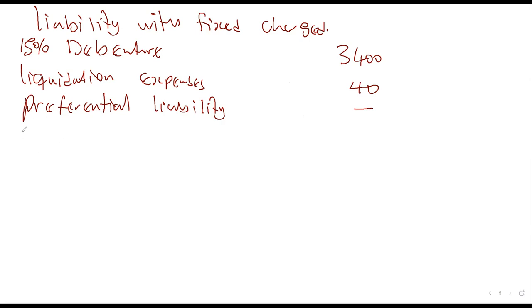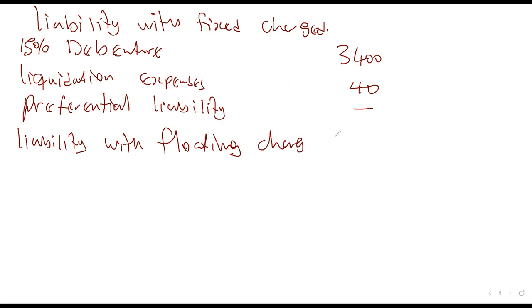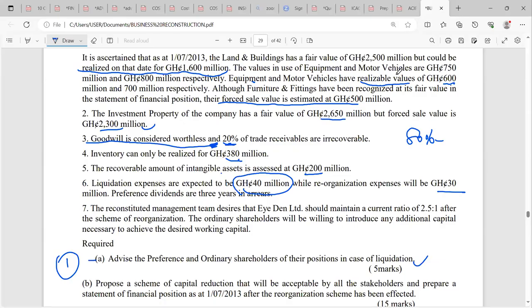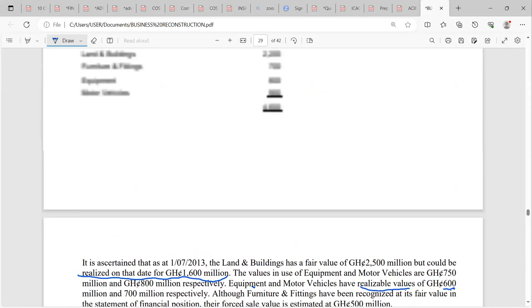Number 4 is liability with floating charge. In this question, let's go and check whether we have a liability with floating charge. These ones are normal ones. Again, go to the balance sheet and check from there.